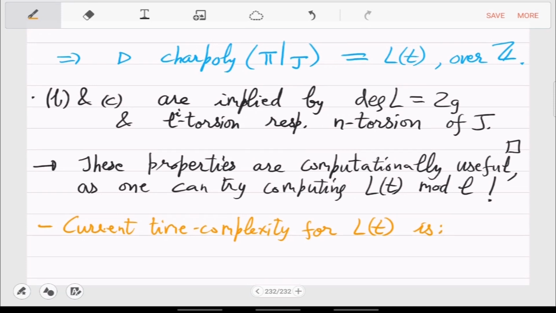so there are two kinds of result. One is polynomial in p, g and the degree of the curve, and the other is polynomial in log p, doubly exponential in the genus, and delta.